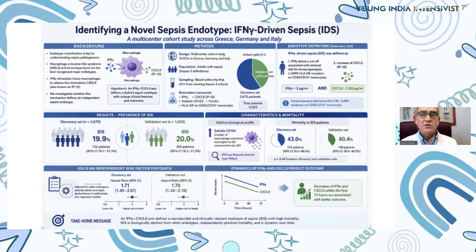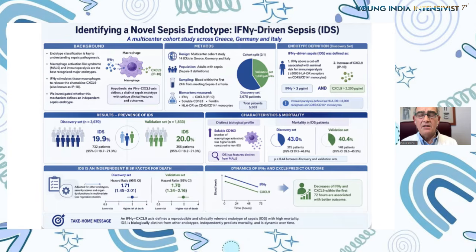The population was patients with sepsis, according to the Sepsis-3 definition. Patients underwent blood sampling and had a measurement of several biomarkers, including those I mentioned last. The total number of patients used was more than 5,500.